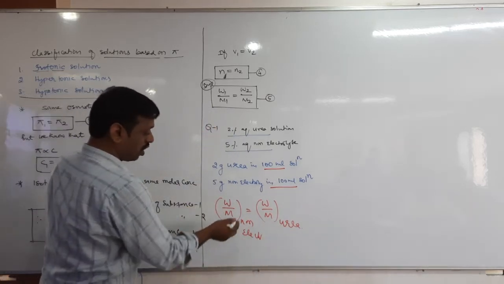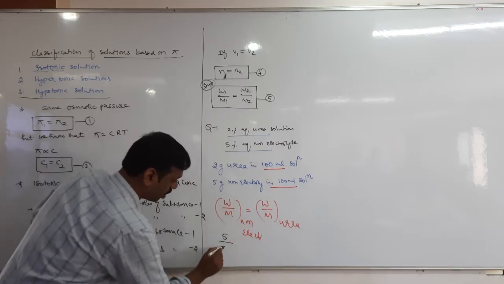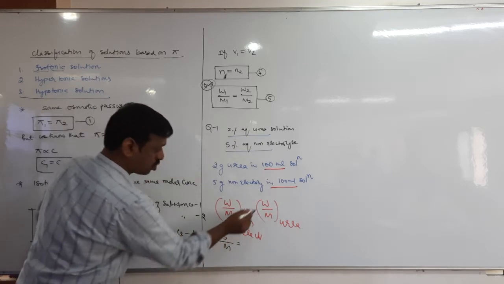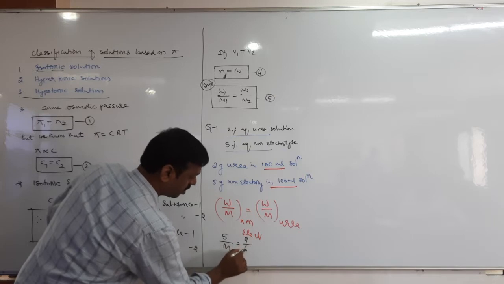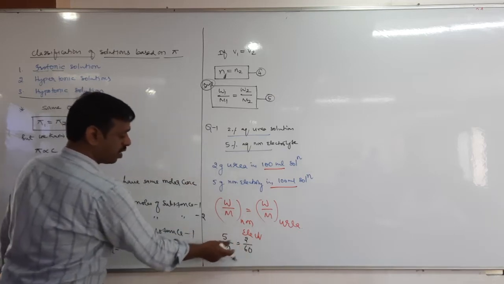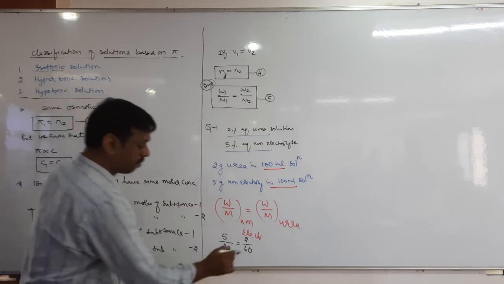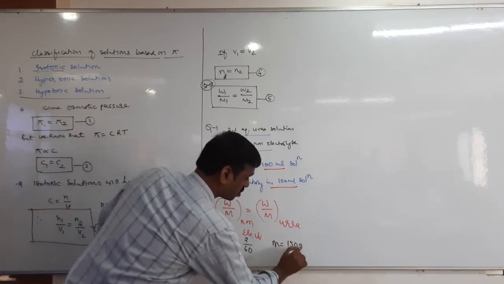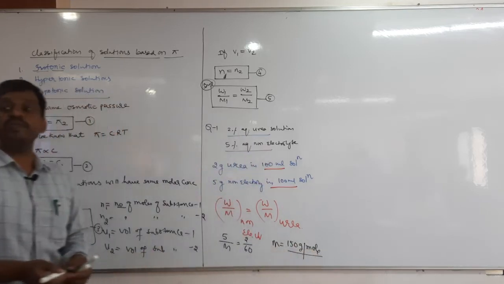The non-electrolyte is 5 grams divided by M, the molar mass we have to calculate, which equals W of urea, 2, divided by 60. Bring M here. M equals 150 grams per mole. Remember, molar mass is always in grams per mole.